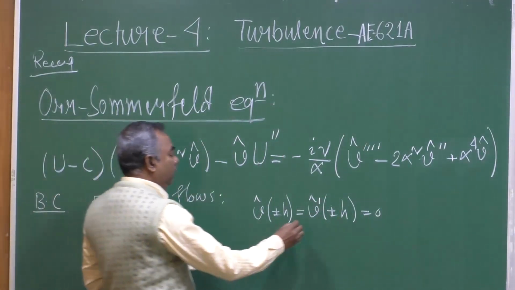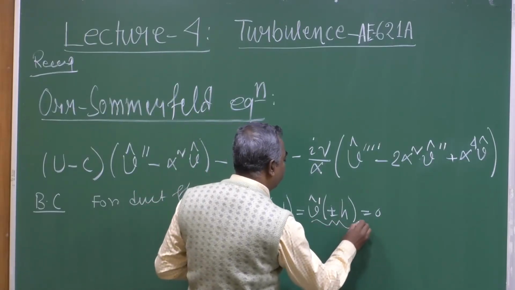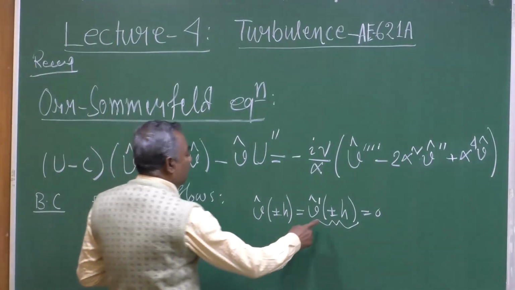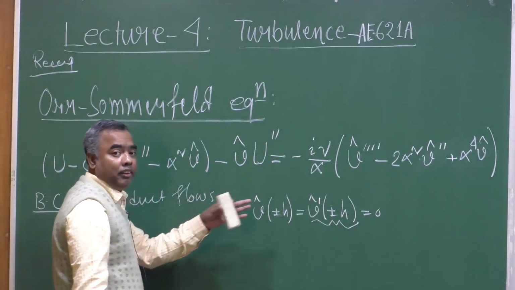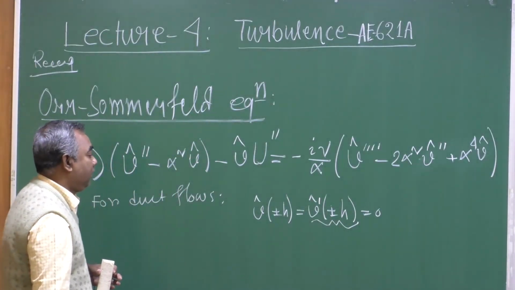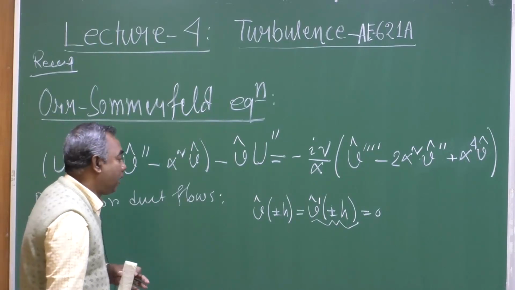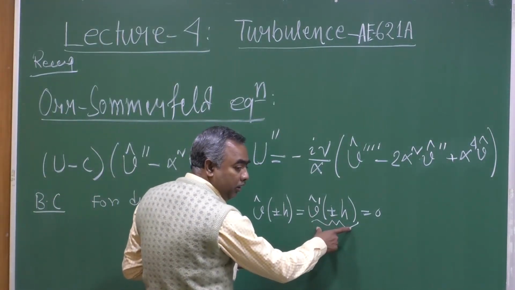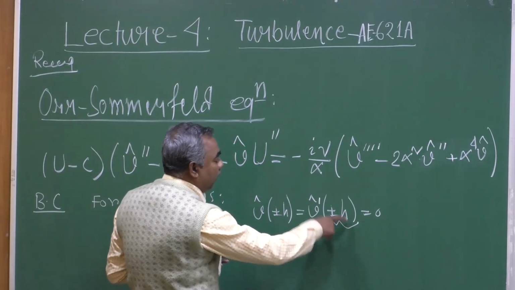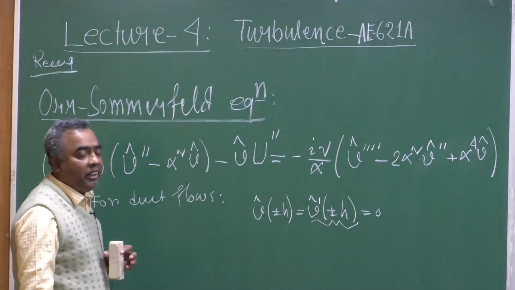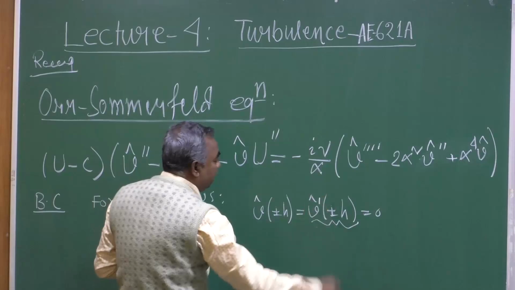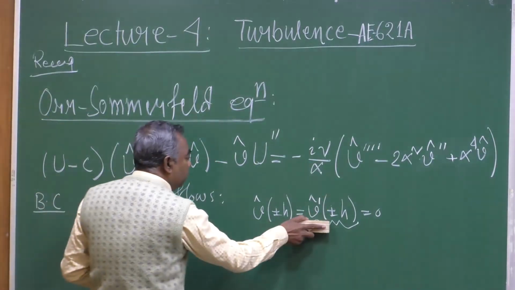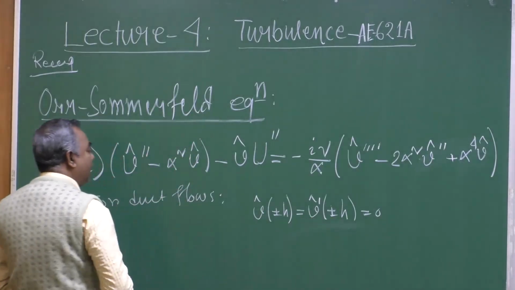And this particular condition comes from the continuity equation, which gives us i alpha c into u hat plus v hat prime is equal to 0. From the condition that u hat is also 0 at the boundaries, we can find that v hat prime is also 0. So, from that particular condition we get this condition, please do understand.